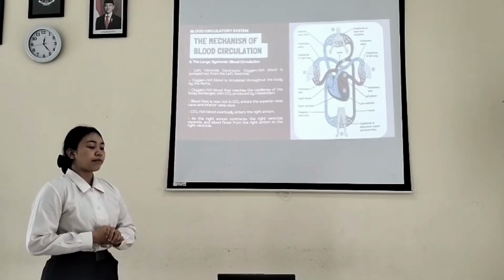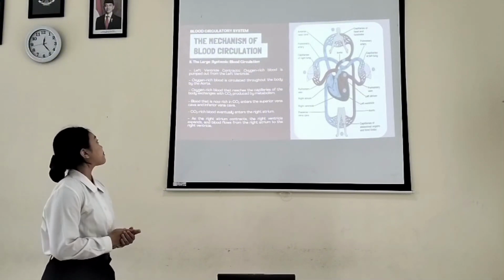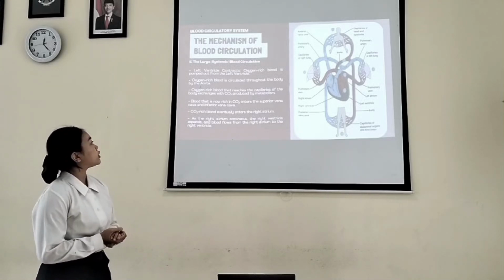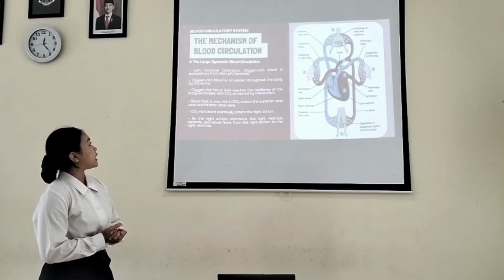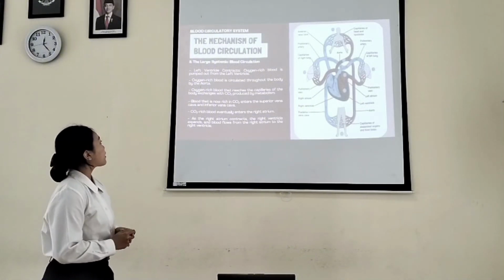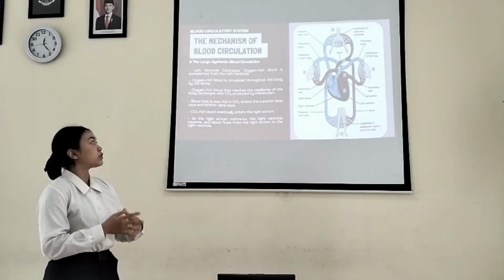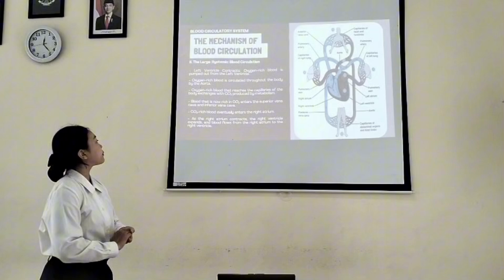The next mechanism of blood circulation is the systemic blood circulation. When the left ventricle contracts, oxygen-rich blood is pumped out from the left ventricle. Oxygen-rich blood is circulated throughout the body by the aorta. Oxygen-rich blood that reaches the capillaries exchanges with the carbon dioxide produced by metabolism.